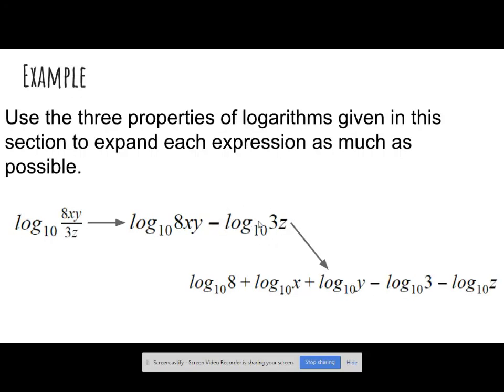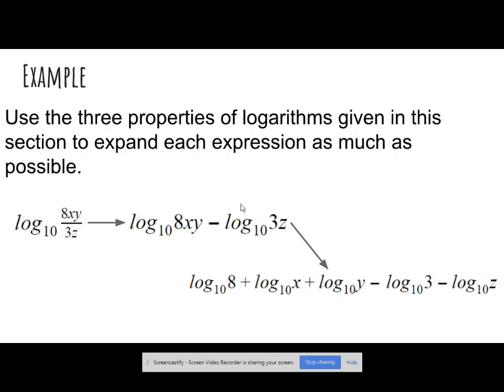One thing I want to mention is right here. This minus log of 3z didn't become minus log of 3 plus the log of z. Because we're dividing by 3 and dividing by z, it's minus 3 and minus z. It's almost as if that minus sign was being distributed. We're subtracting the log base 10 of 3, and we're subtracting the log base 10 of z.